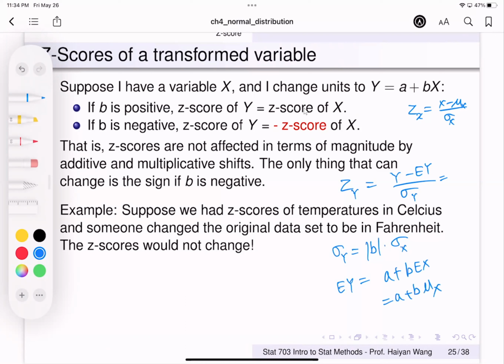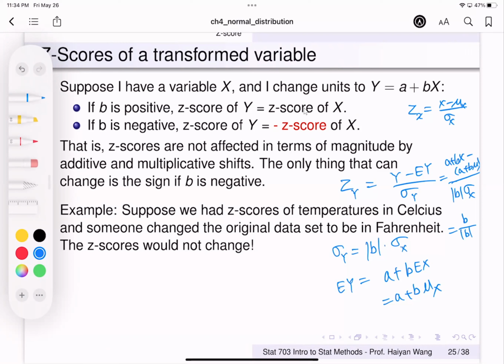Once we put in y, which is a plus bx, and also the expected value of y, so minus a plus b mu, and then divide by the absolute value of b and the standard deviation of x, you will find the ratio simply becomes b over the absolute value of b.